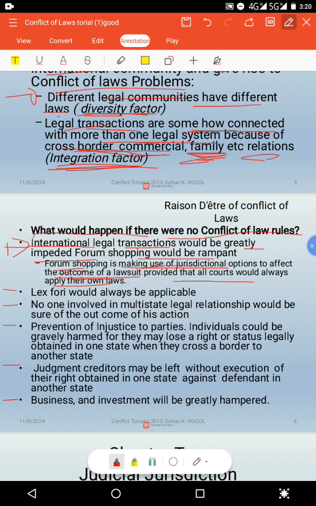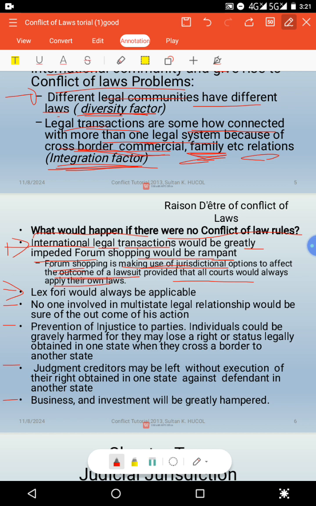But if I have a conflict with someone from France, the person from France may want to be governed by French law. So conflict of laws problems will occur here. So international legal transactions will be greatly affected, and forum shopping will be rampant. So this is the first problem that will occur if there is no conflict of laws.